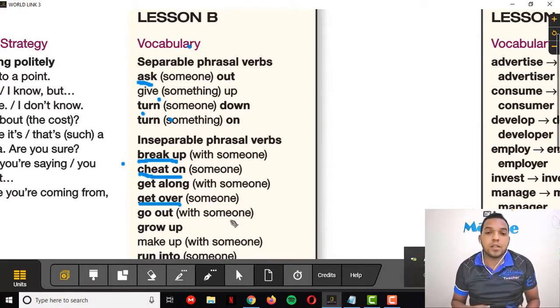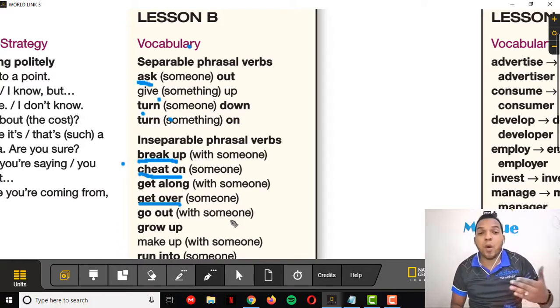Plenty of people used to have problems. They are sad, homesick. That is no good. So you have to get over the relationship. Okay, you got to get over him. Forget about him. Continue your life.